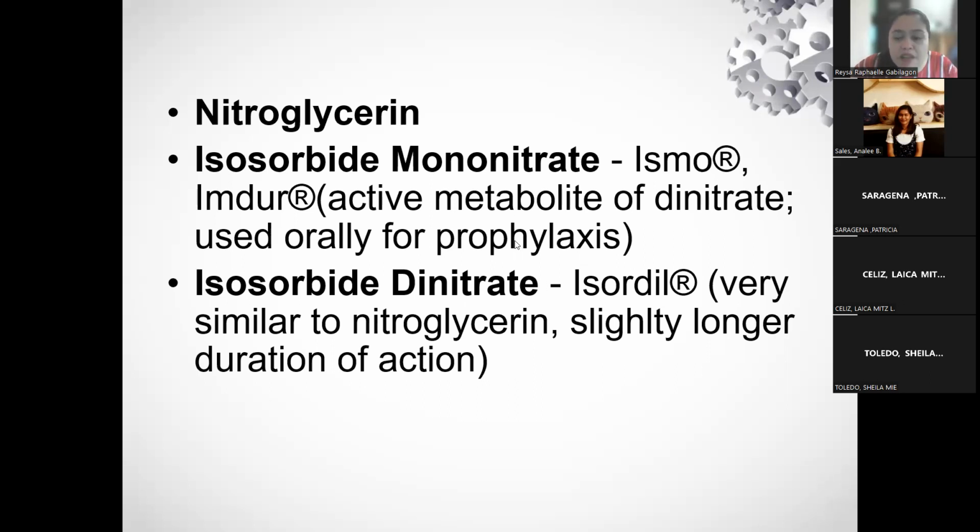So basically, if the patient is prescribed ISMN, the purpose is for the prevention of chest pain. Okay? It will be a maintenance drug, he will take ISMN every day, again, to have the blood vessels dilated. Because these organic nitrates are vasodilators.